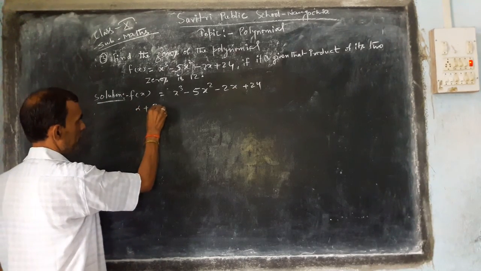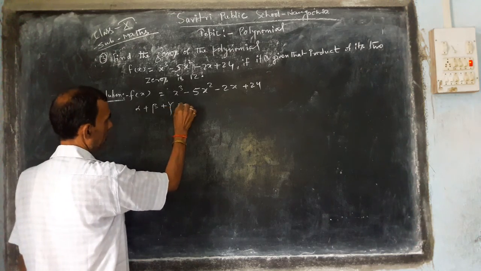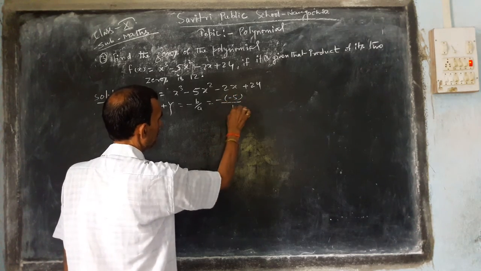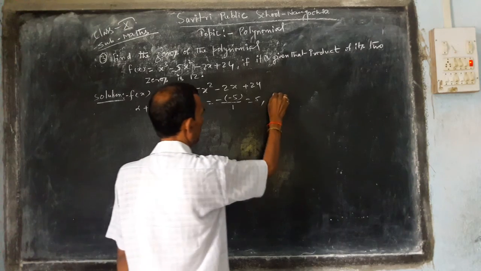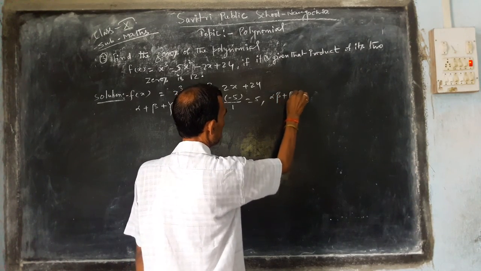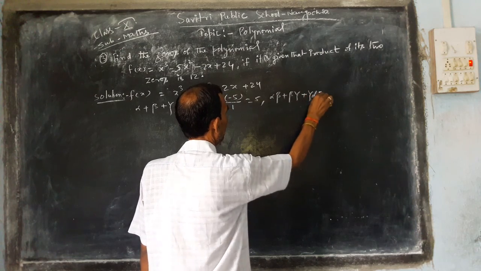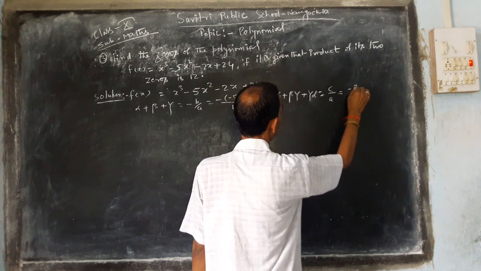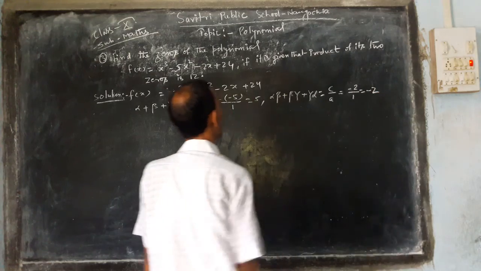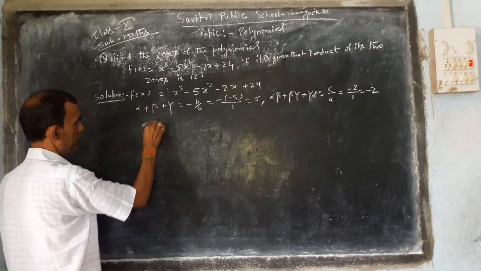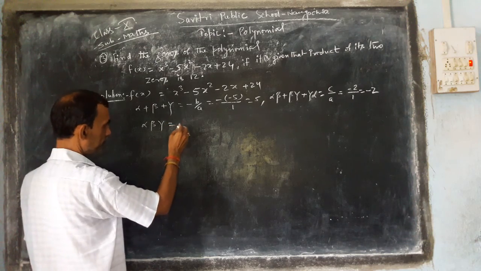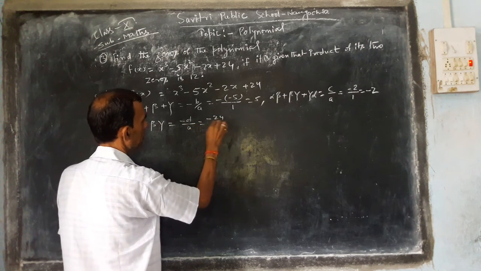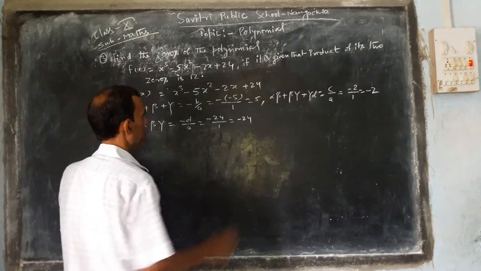So α + β + γ = −b/a = −(−5)/1 = 5. αβ + βγ + γα = c/a = −2/1 = −2, and αβγ = −d/a = −24/1 = −24.